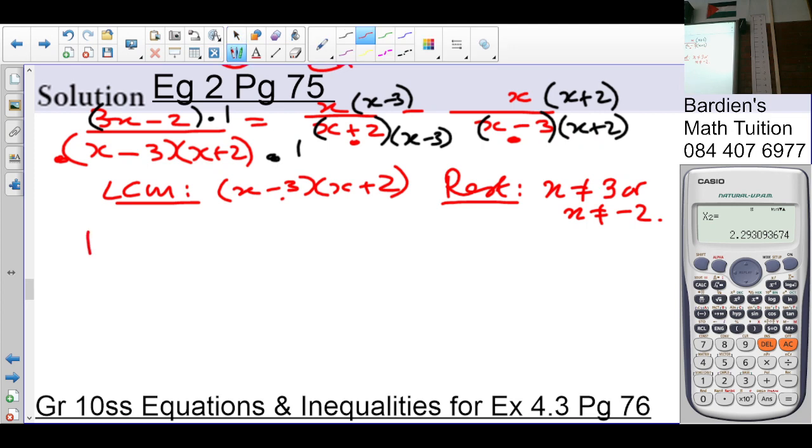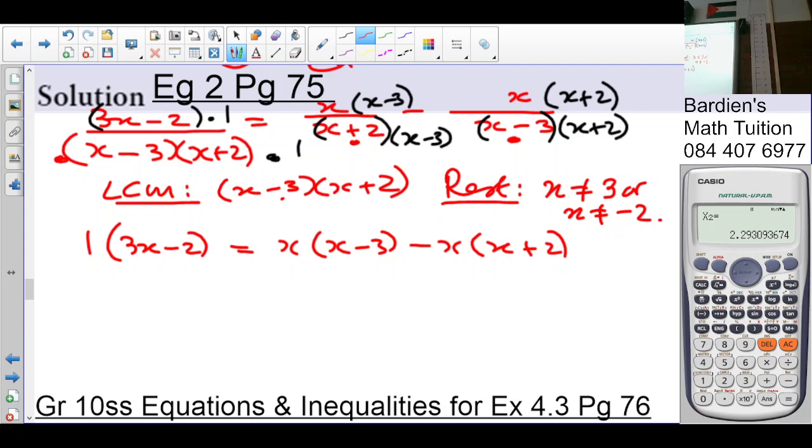So it's going to be 1 into 3x minus 2 equals x into x minus 3 minus x into x plus 2. What do you also notice here? That I'm not multiplying it out immediately. We don't want to make a mistake there, because if you multiply out wrongly or mess up a sign, then you won't be able to factorize the trinomial most of the time.